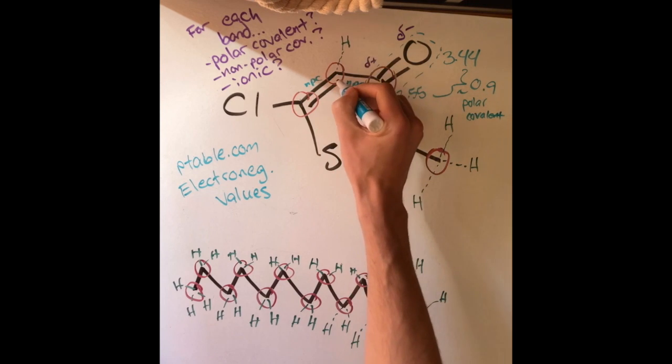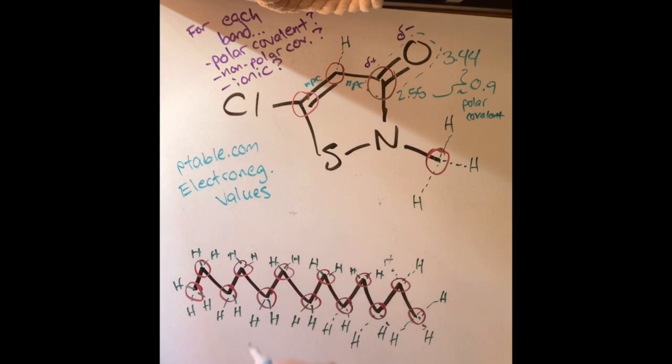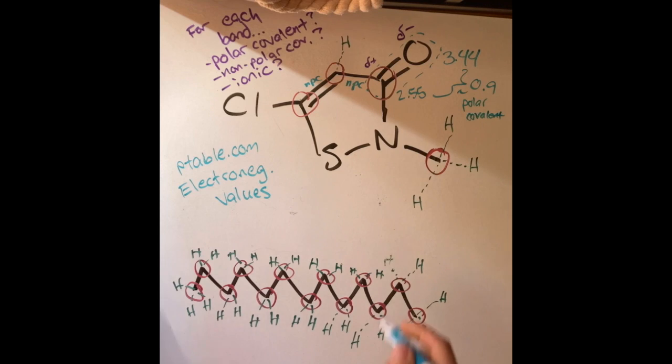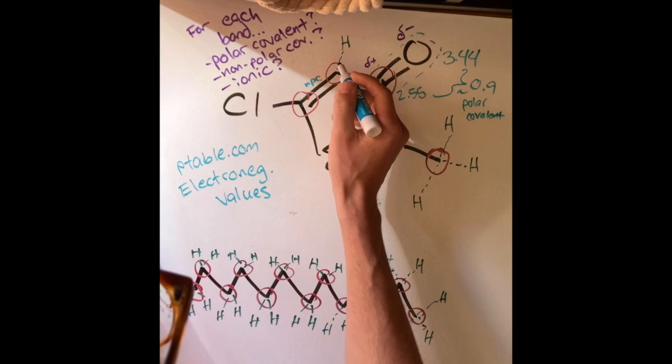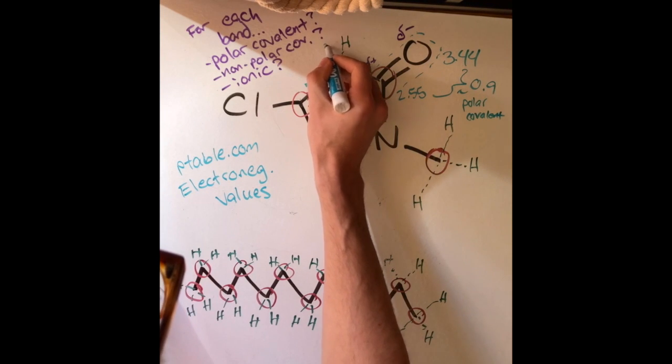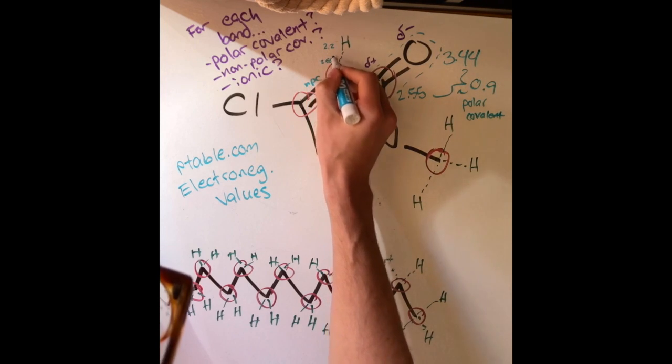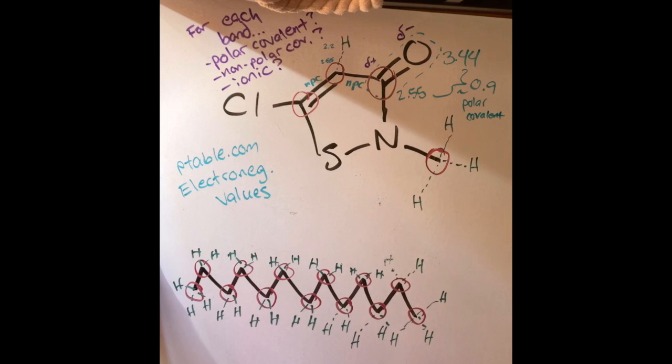This bond right here, carbon has an electronegativity of 2.55. Hydrogen has one of 2.2. That's a difference of 0.3-ish.